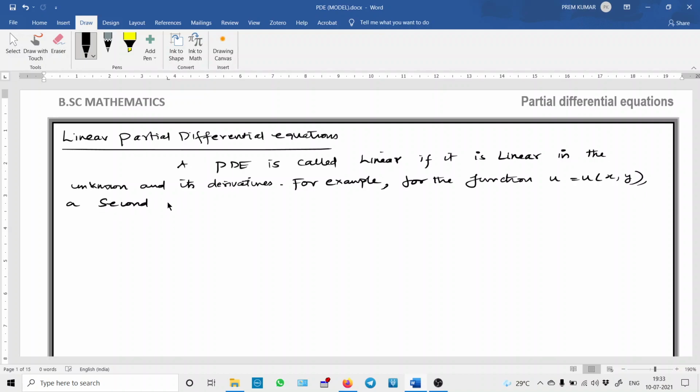A second order linear partial differential equation is of the form like this. A1 is a function of x and y. A1 of x, y into u xx.